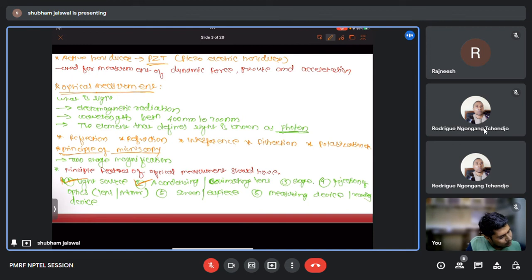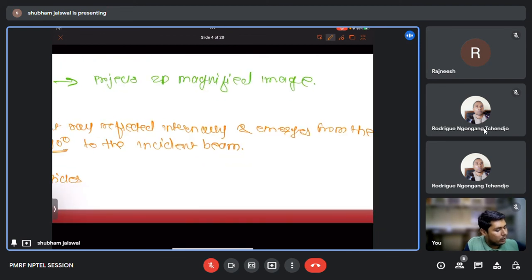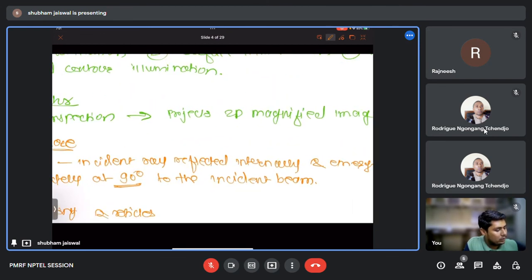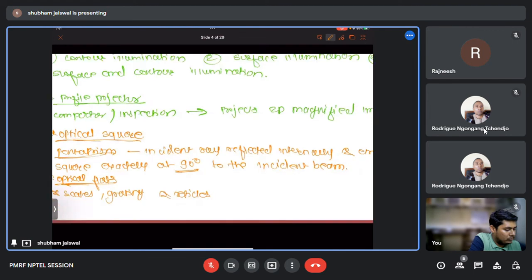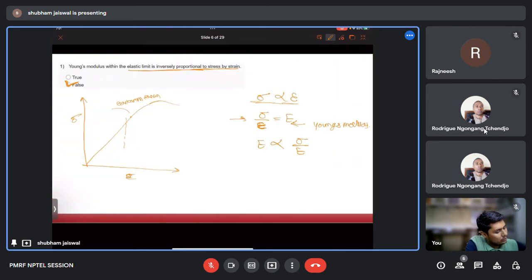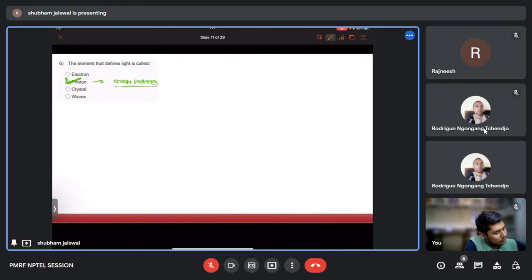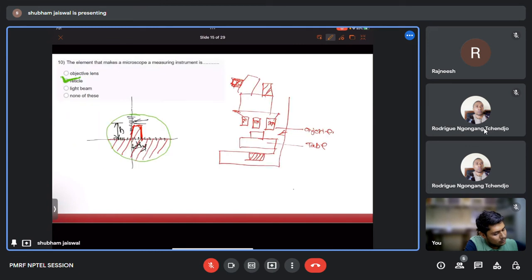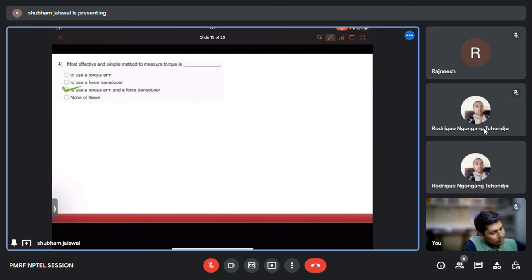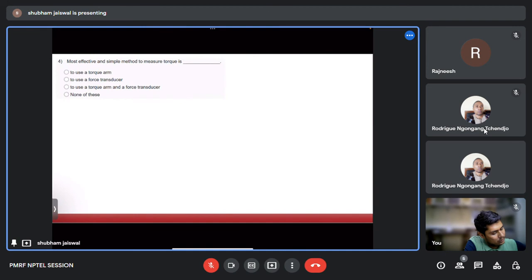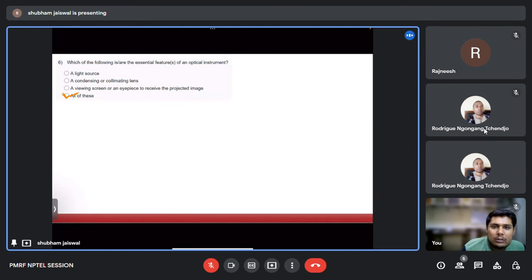Also, we need a screen or eyepiece for the projection. So the correct answer for that question will be all of these.